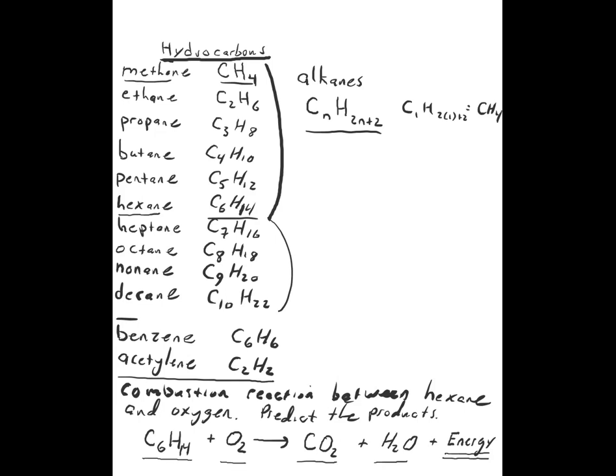Now, what we want to look at is a particular, very specific set of calculations that we do with combustion analysis, and that is figuring out what's called the empirical formula and the molecular formula for the compound based on a set of data.